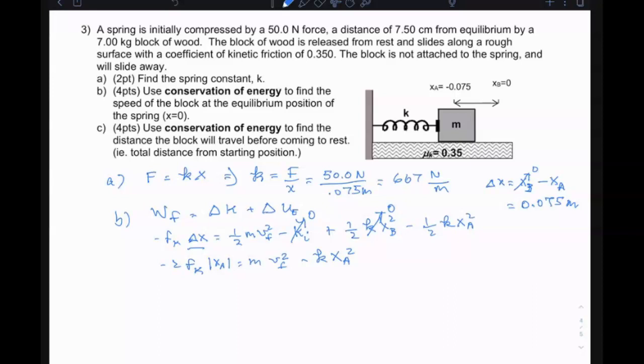Then I can rewrite this as v squared is equal to k xa squared minus 2 fk times the magnitude of xa.